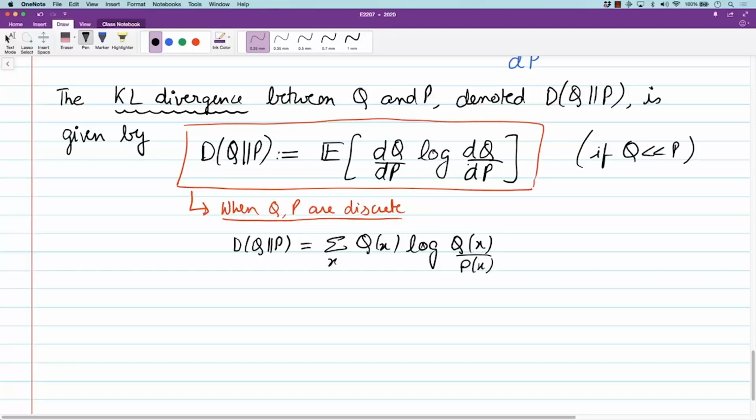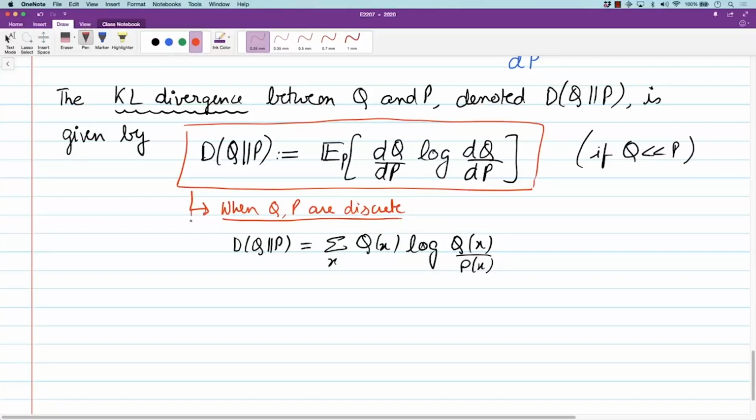By the way, there are two measures floating around here, Q and P. What do I mean by expectation here? When I don't clarify any distribution, it's always with respect to the larger reference measure P. So this is with respect to P. And for the discrete case, this dQ by dP is just Q(x) by P(x), but then you take expectation with respect to P, so you multiply it with P(x), that goes away, and you get this.